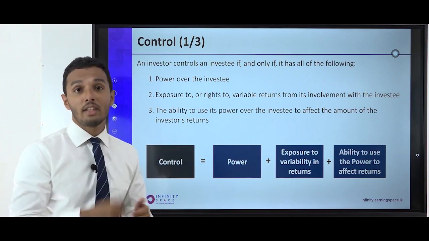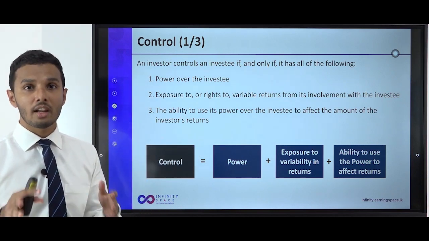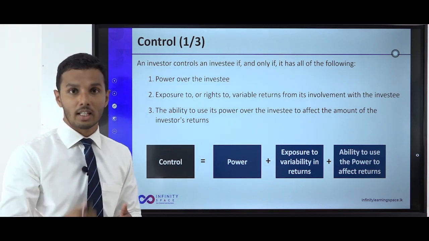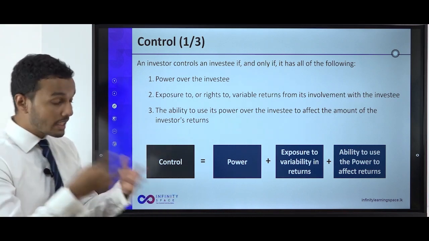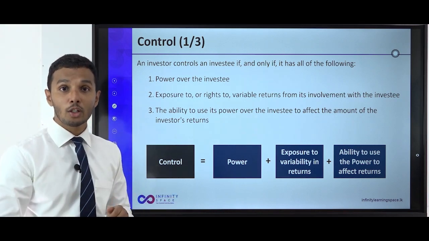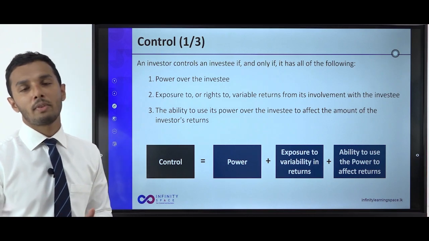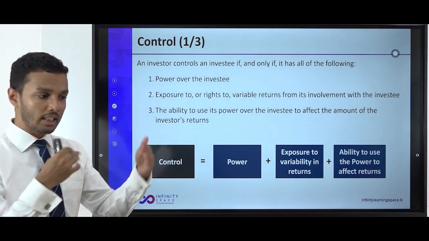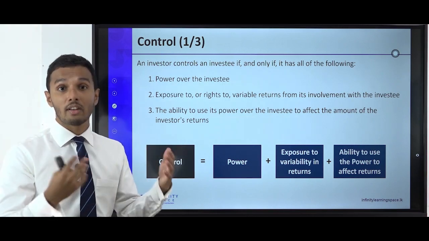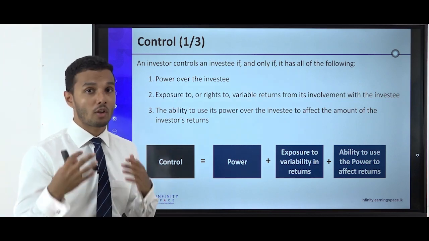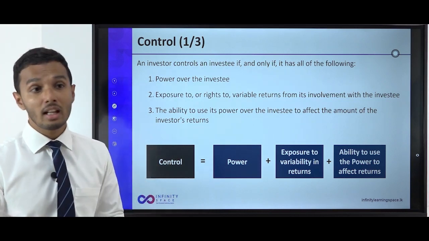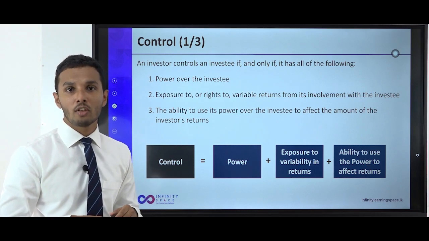And the returns that the investor is going to get should be variable, meaning they should not be fixed. Variable means the returns that the investor is going to enjoy should change depending on the performance of the investee. So in a year that the investee does really well, makes a lot of profit and generates a lot of cash, the returns the investor will enjoy will be high.